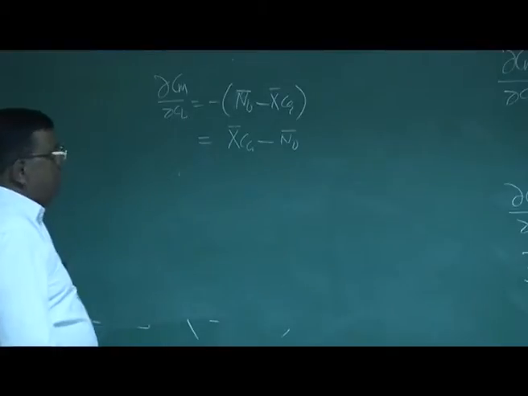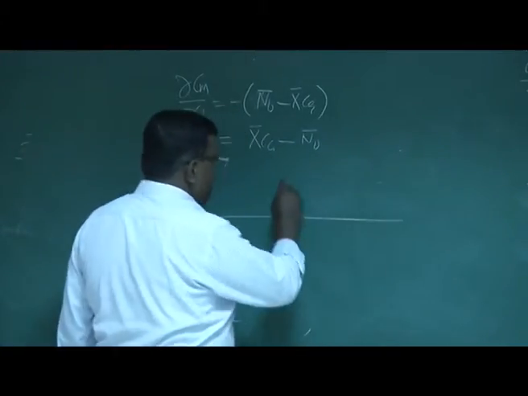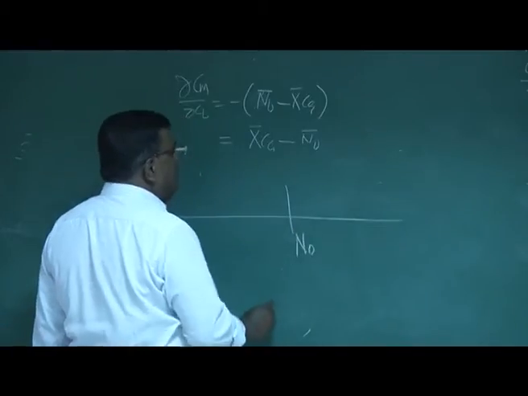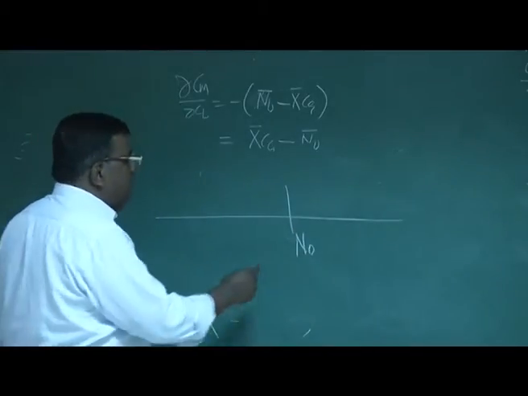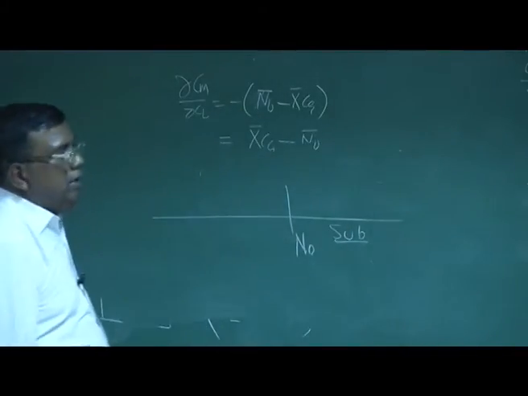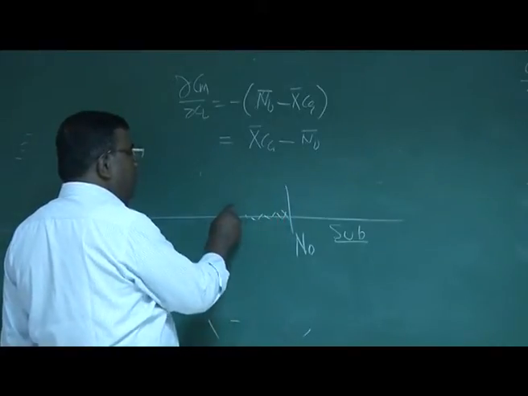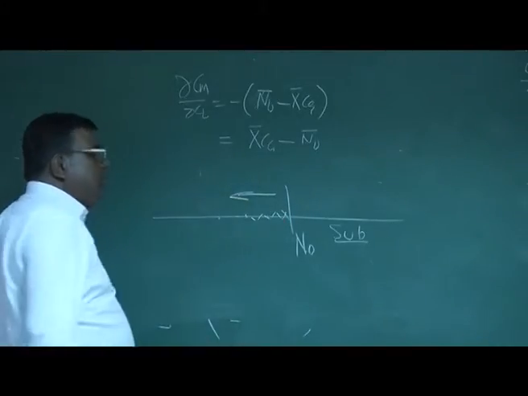N0 is the neutral point. For the subsonic case, it is simply telling us that from there, dCm/dCl should be less than 0. That means xcg could be anywhere, as long as it is on this side.